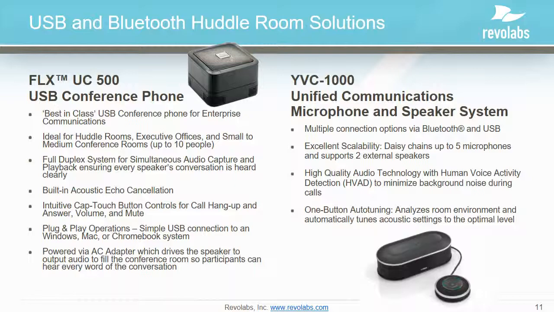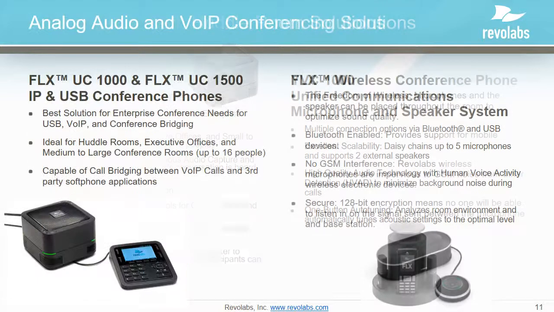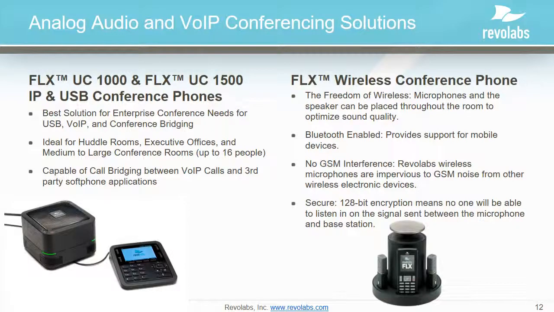Let's talk about the next two, the analog audio and the VoIP conference solutions. So in addition to having the USB conferencing capability, if you do need to have VoIP calling as well, we have a series of products that are built off of the 500 platform, which is the UC1000 and the UC1500, which include not just the USB component, but also voice over IP, and we can bridge those calls.